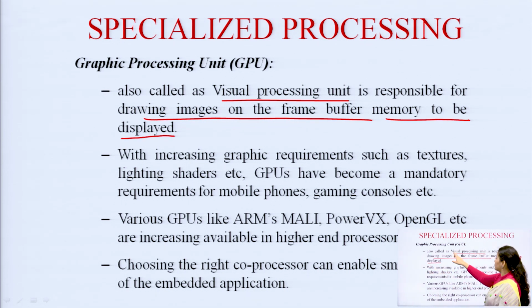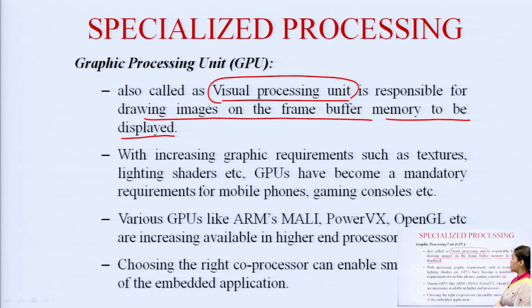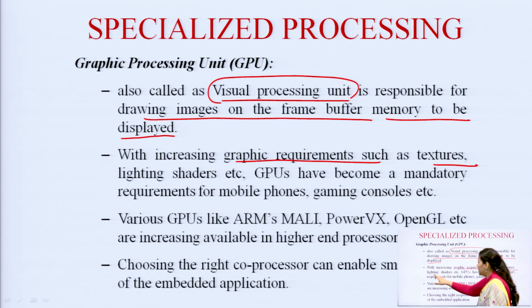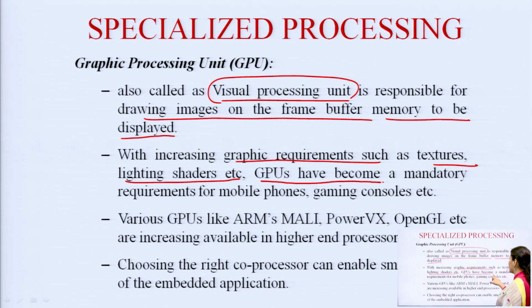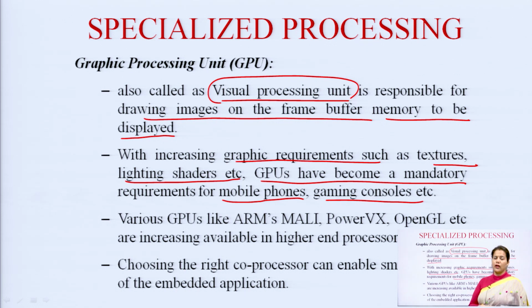This is a very important visual processing unit, and with the increasing graphic requirements such as textures, lighting, shaders, etc., GPUs have become a mandatory requirement for mobile phones, gaming consoles, etc. We know that with the advanced handheld devices, we have mobile phones and different gadgets with very advanced graphics display, and for that purpose we need special processors which can handle the graphic processing. So, for this we need a graphic processing unit.